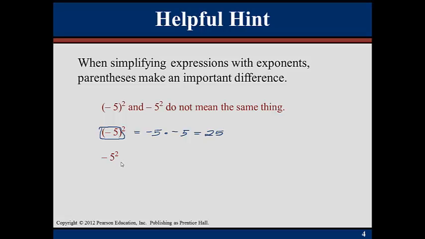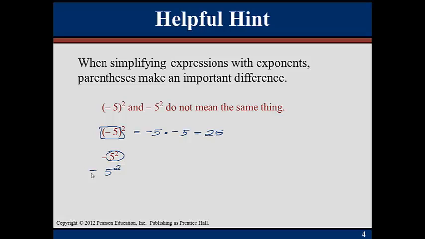Now, however, -5 squared without parentheses means something completely different. This time, who is being raised to the second power? Just the 5, not the negative sign. If I look at the negative sign, I can think of it as moved out to the front, and then the 5 is the only thing that's being squared.